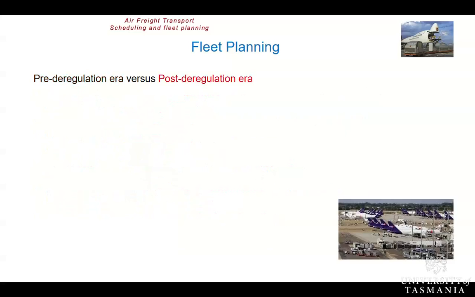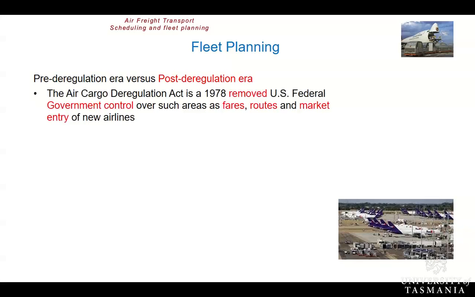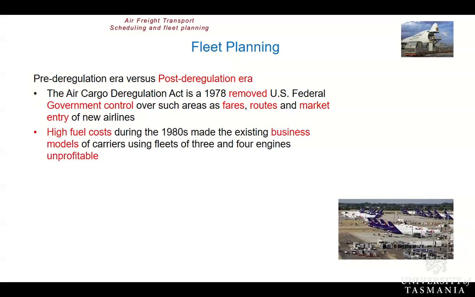Now, that changed post-deregulation. So post-deregulation, which as I said is around about 1980, all of a sudden the government stepped out of control. So it moved away from setting fares, setting market entry, setting routes. The government left that particular situation.